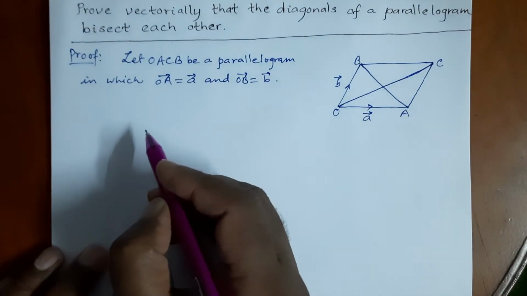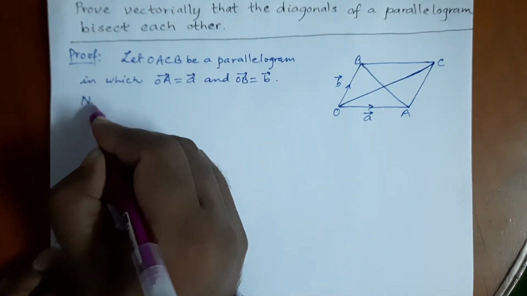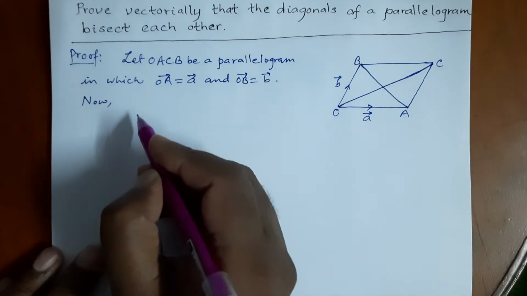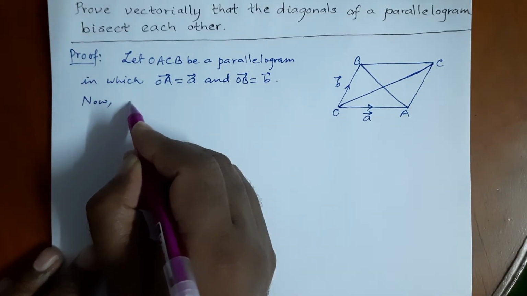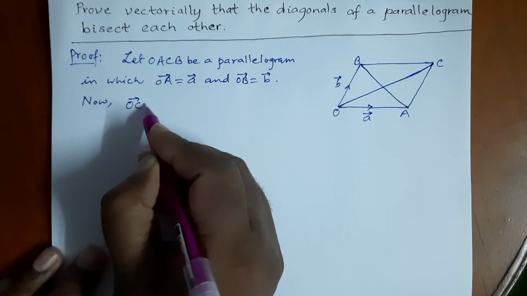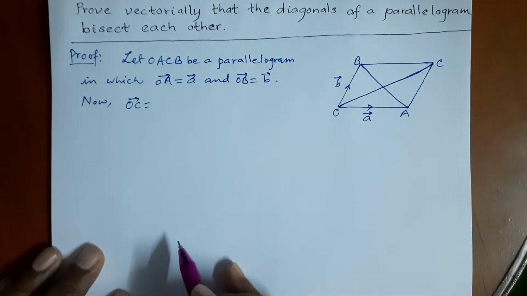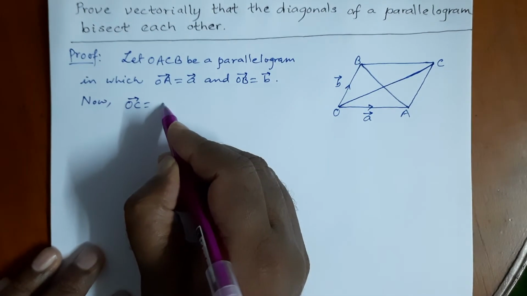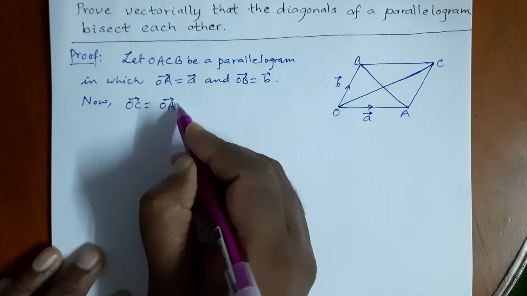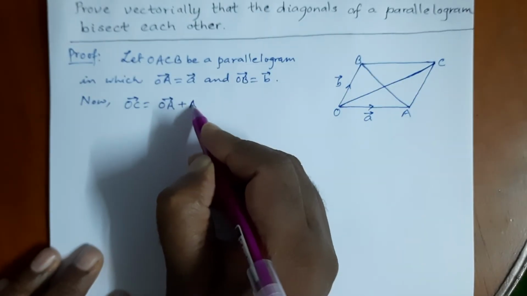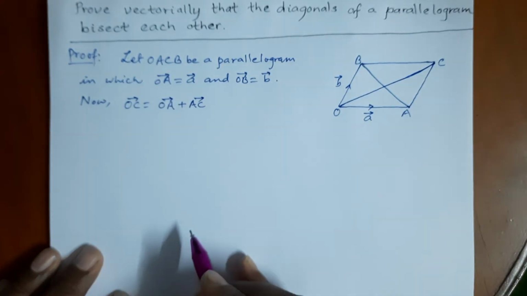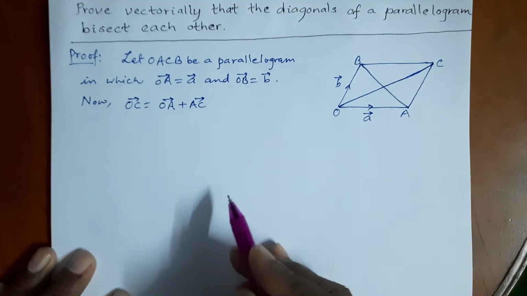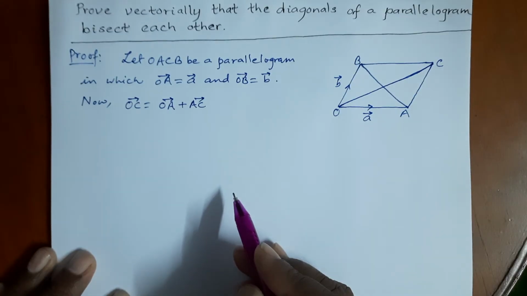And now vector OC equals, we can write, vector OA plus vector AC. Going from O to C is the same as going from O to A and A to C, right?